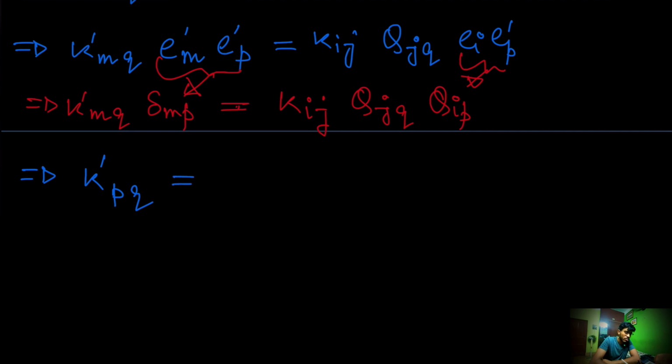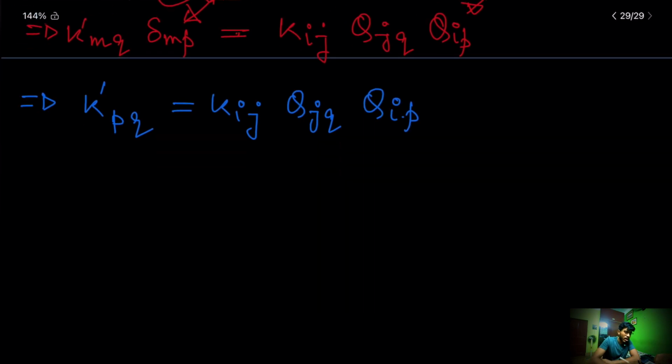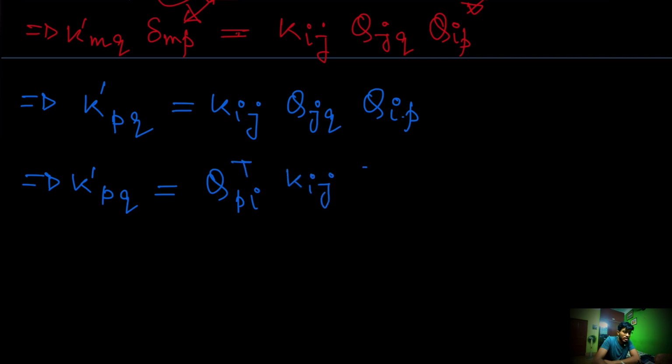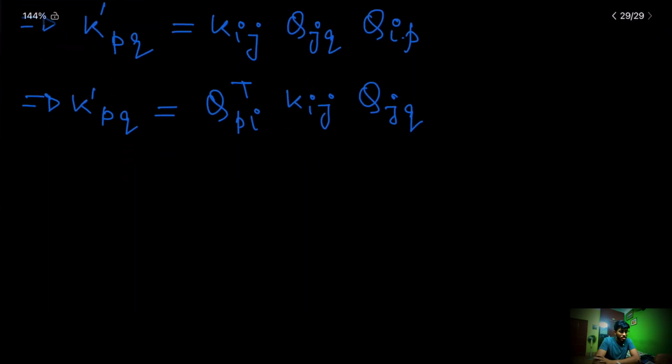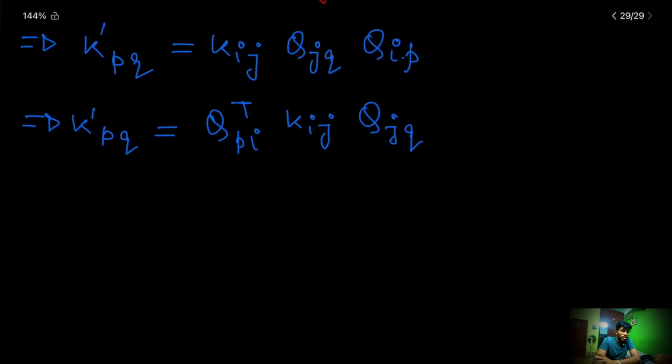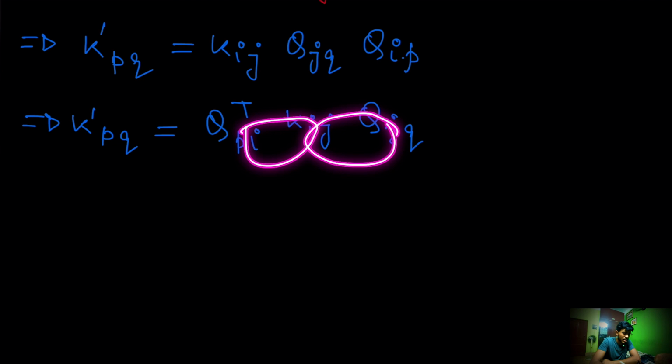So then K dash PQ is equal to Kij QJQ QIP. Now we write this as Q Pi transpose Kij into Qjq. Okay, this is the formal writing, because we have to maintain this I with this I, this j with this j.